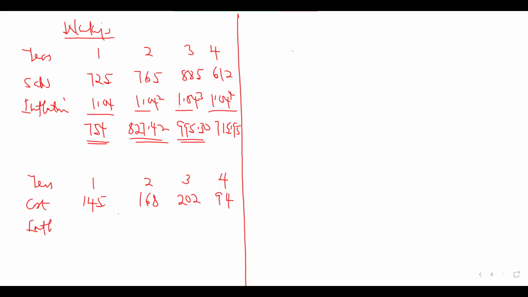So the inflation for them is 1.05, 1.05 exponent 2, 1.05 exponent 3, 1.05 exponent 4. So what is going to be their respective prices? The first one, 152.25. Year 4 is 114.23.